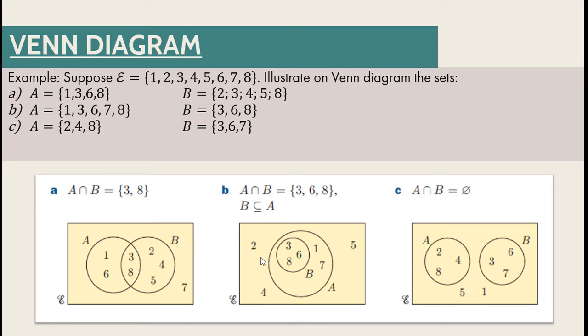And we have several numbers 2, 4, and 5. They don't belong to either A or B, so they will fall outside of the circle A.